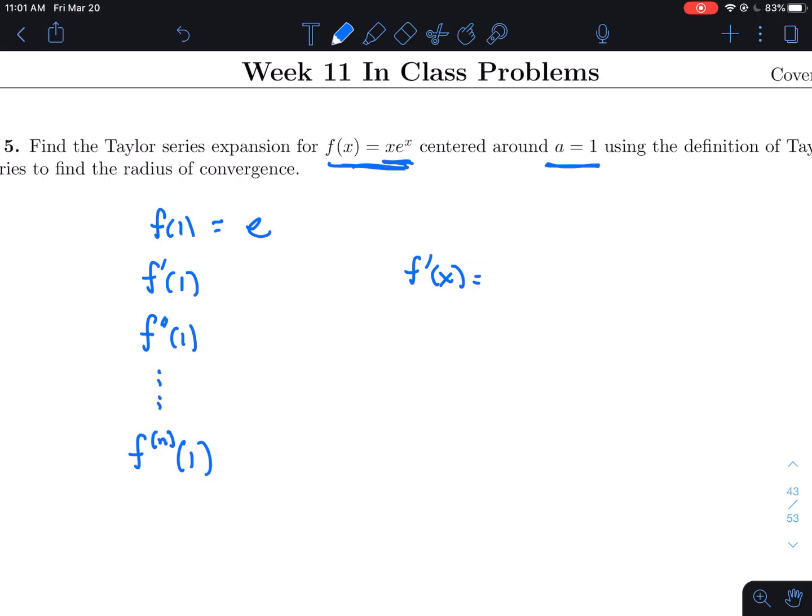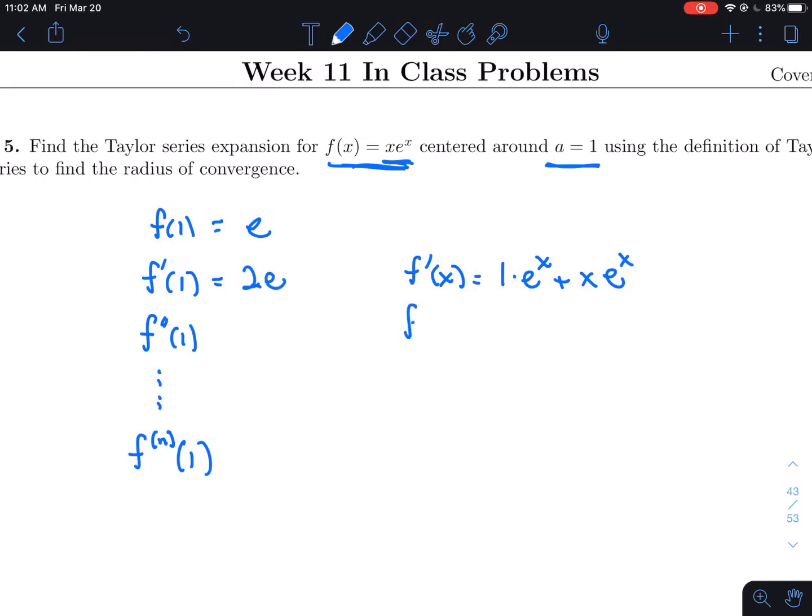So the derivative of the first times the second plus the first times the derivative of the second. I get something like this. And when I plug in 1 into this, I'm going to have 1 times e to the 1 plus 1 times e to the 1. So it's just going to be e plus e, which is the same thing. Let me write it as 2 e's.